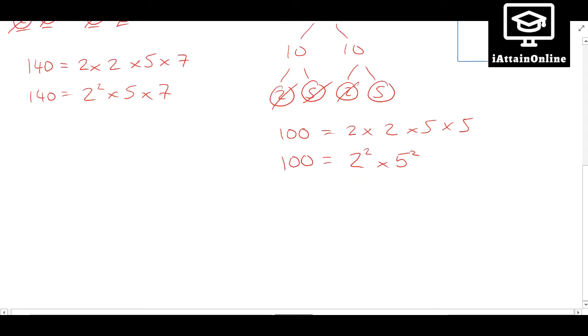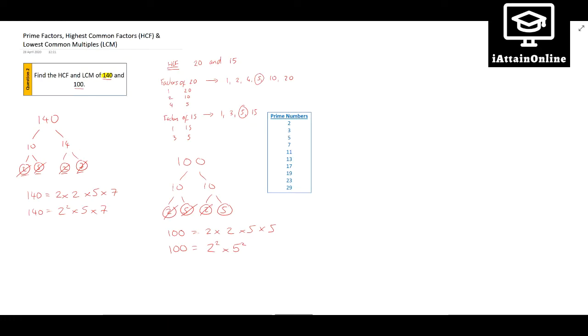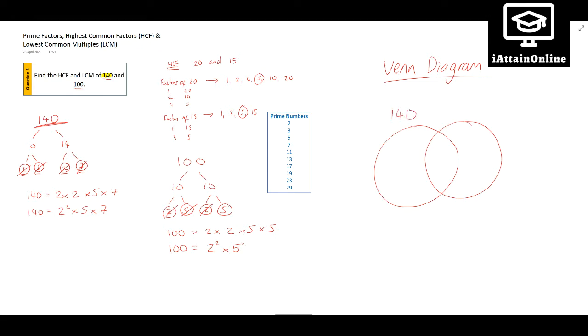Okay, so now what we're going to do, if I zoom out a bit so we can see these, is what we call a Venn diagram, using those prime factors. So two overlapping circles, and the first circle, we're going to say that's the factors of 140.